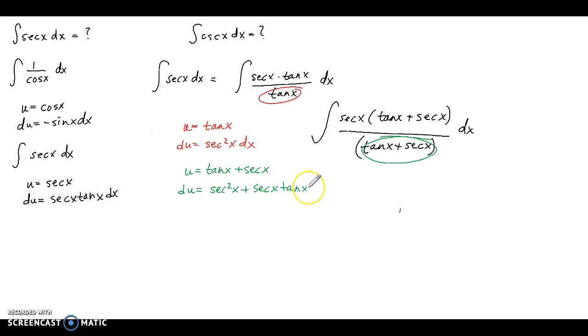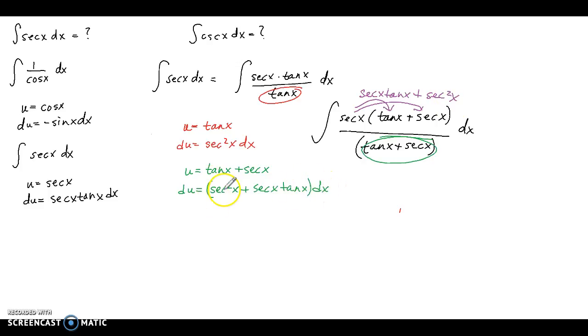And notice, if you distribute the numerator here, you're going to get secant x tan x plus secant squared x, which is the exact same expression you had down there in green.